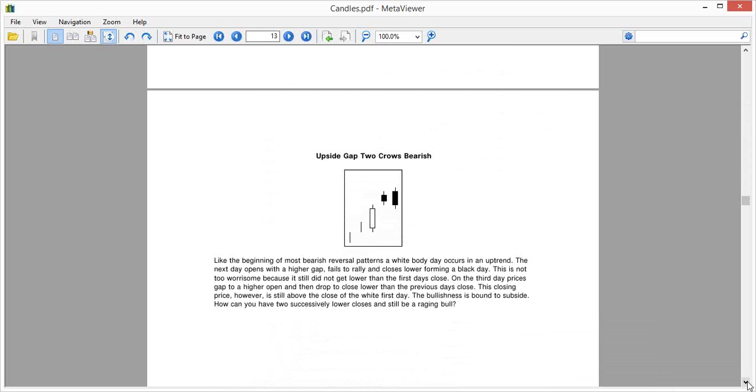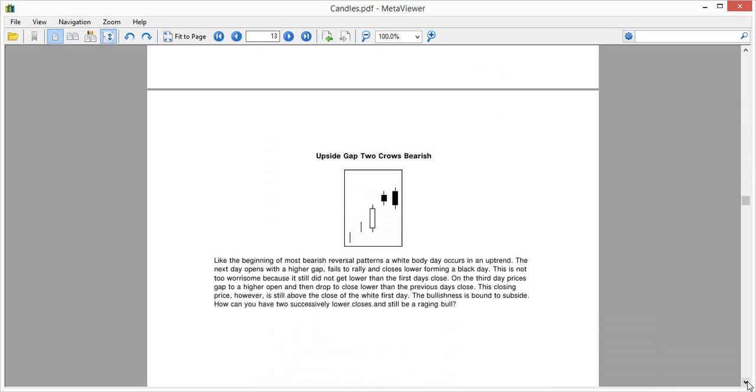Like the beginning of most bearish reversal patterns, a white body day occurs in an uptrend. The next day opens with a higher gap, fails to rally and closes lower, forming a black day. This is not too worrisome because it still did not get lower than the first day's close. On the third day, prices gapped to a higher open and then dropped to close lower than the previous day's close.